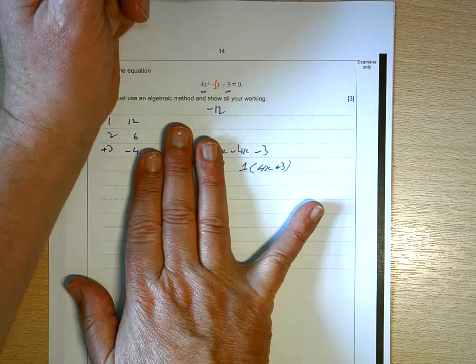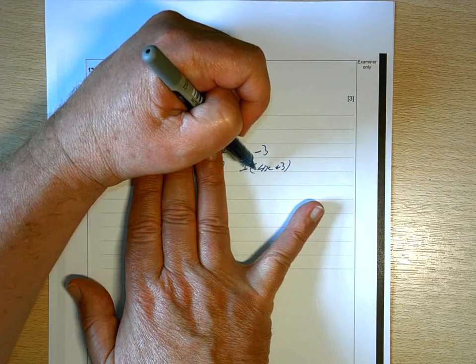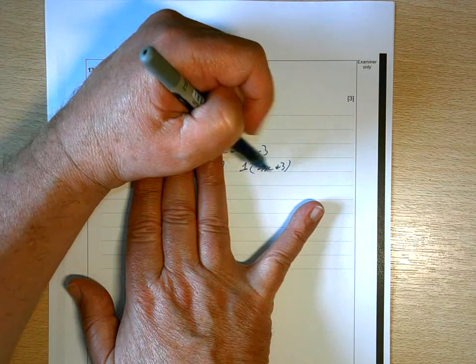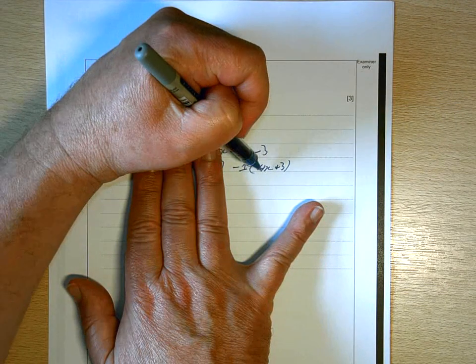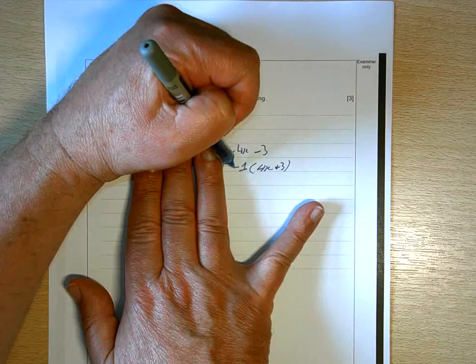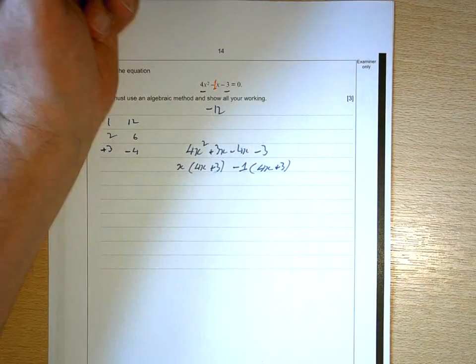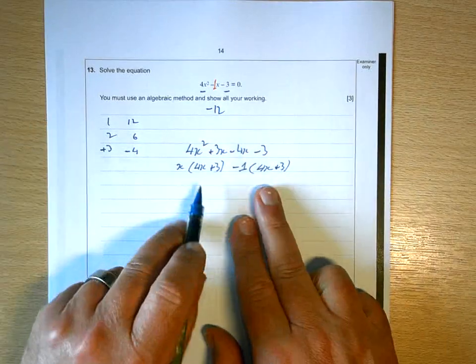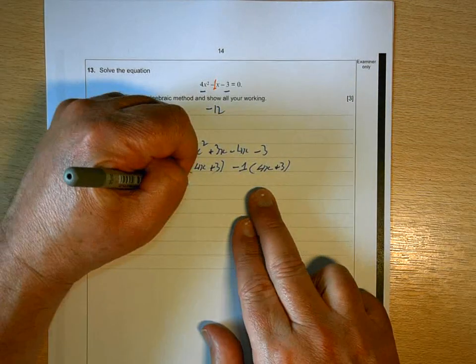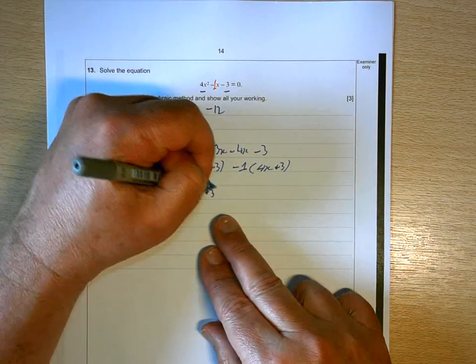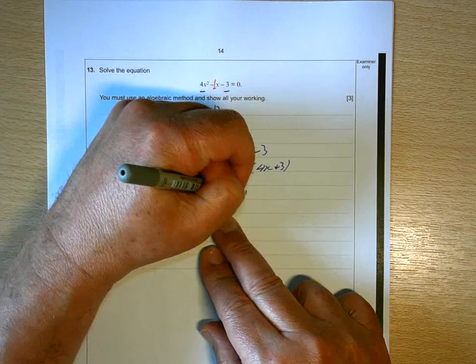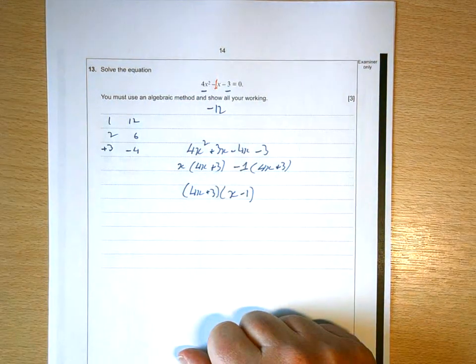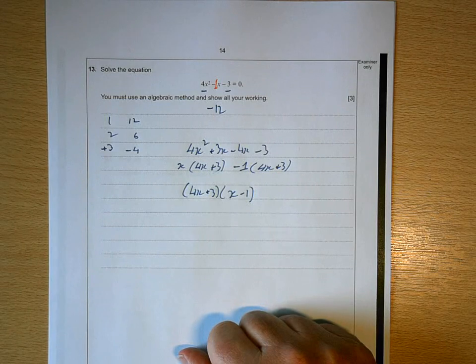But I need not to have plus 4x and plus 3, I need to make them minus. So minus 1 times 4x will give me that, minus 1 times 3 will give me that. That then means that I've got this repeated 4x plus 3, and if I take that out, it leaves me x minus 1. So if the question was factorize 4x squared minus x minus 3, that's your answer.